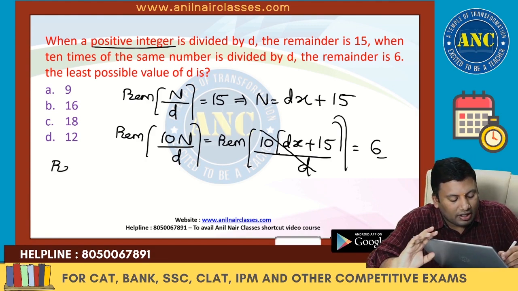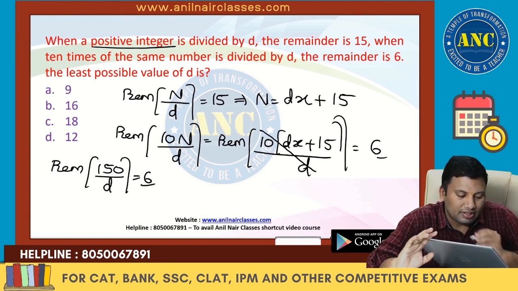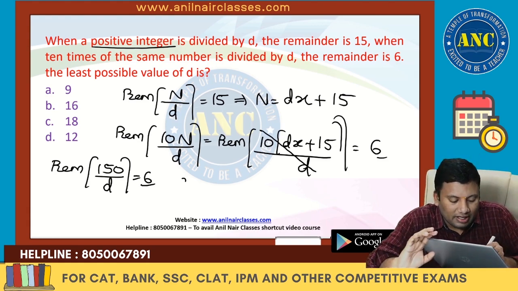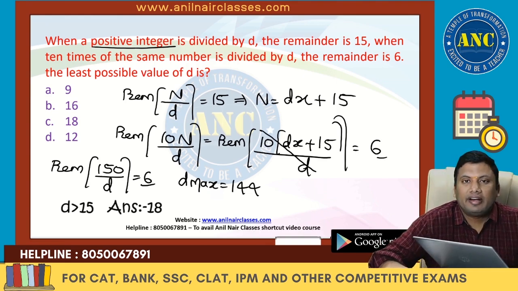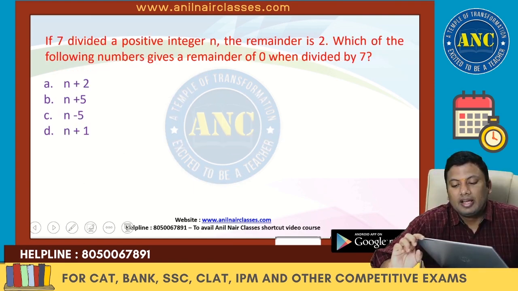Remaining is 10 times 15, 150. 150 divided by d, it is nothing but 6. 150 divided by which number will give remainder 6? D maximum is nothing but 144. 150 divided by 144. 144 ones are 144. D max is 144. Next one.